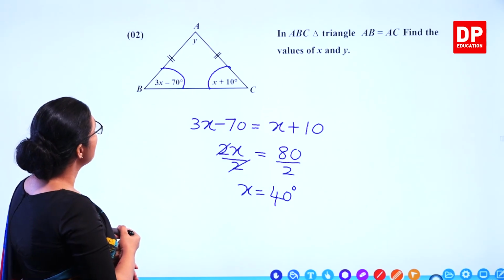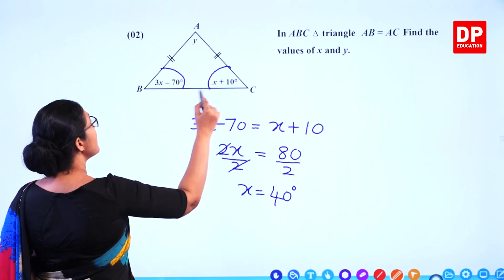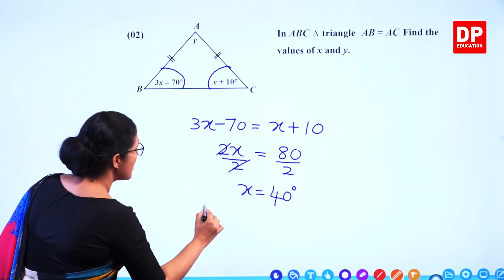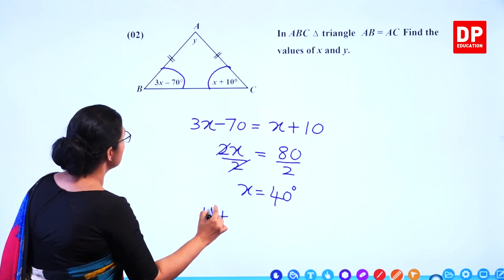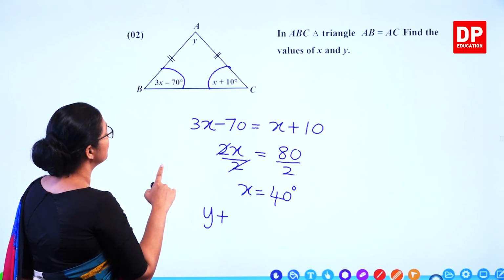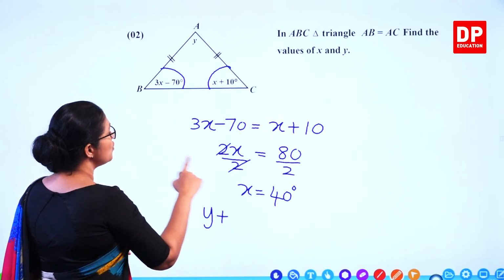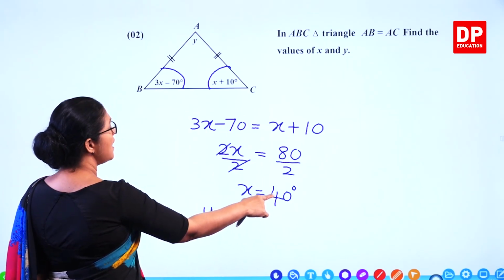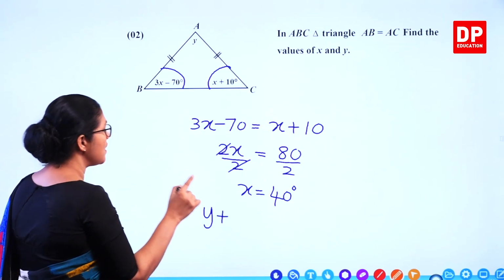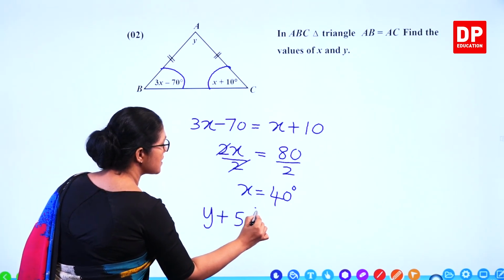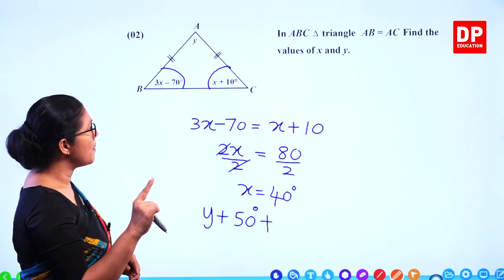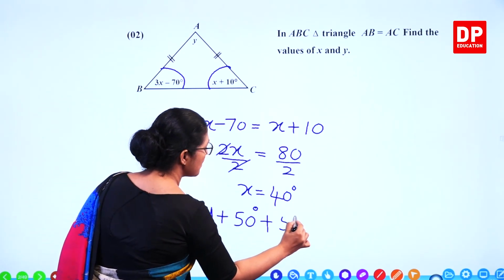So what is y? The sum of angles in a triangle is 180 degrees. So y plus 3x minus 70. So we'll do 3 times 40, 120. 120 minus 70, that's 50 degrees. Plus, what about x plus 10? 40 plus 10, that's also 50.